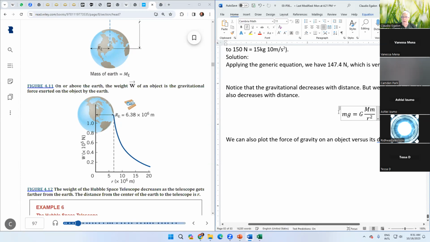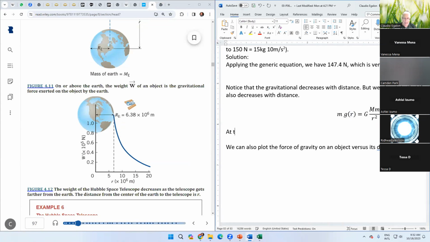What I can do here is say that the acceleration of gravity varies with the distance from the center of the Earth. It's a function. At the surface of the Earth, g is approximately 10 meters per second squared.